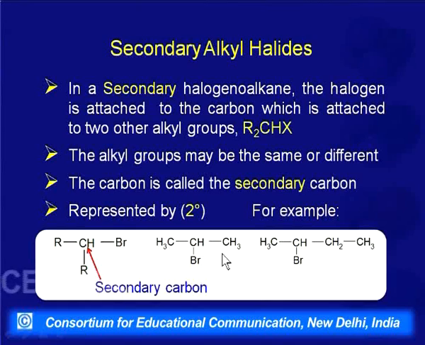Again, you saw in the previous slide that there was propyl bromide where the bromine atom was attached to the end carbon, and that was a primary carbon. But here, the bromine is attached to the second carbon, and this second carbon is attached to these 2 alkyl groups. The same molecule becomes a secondary compound.